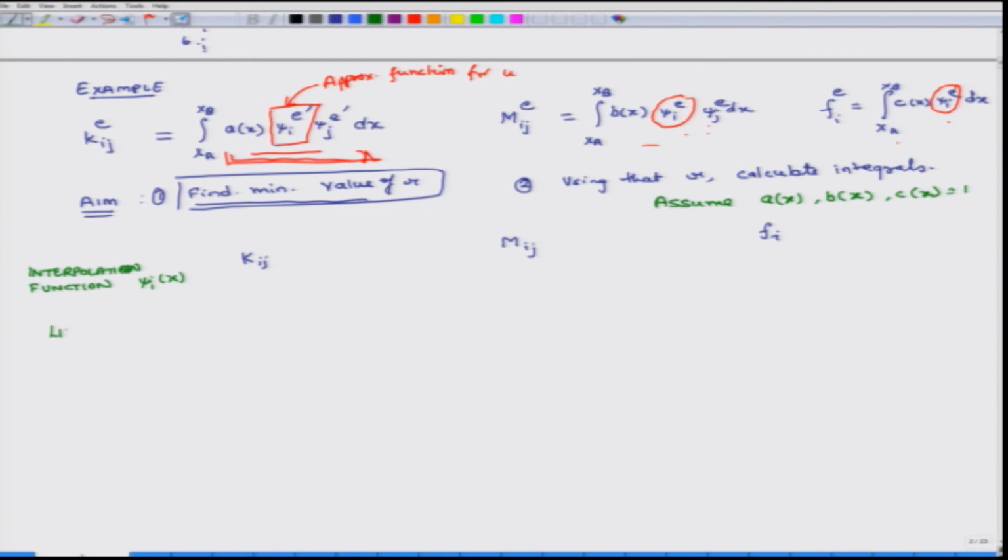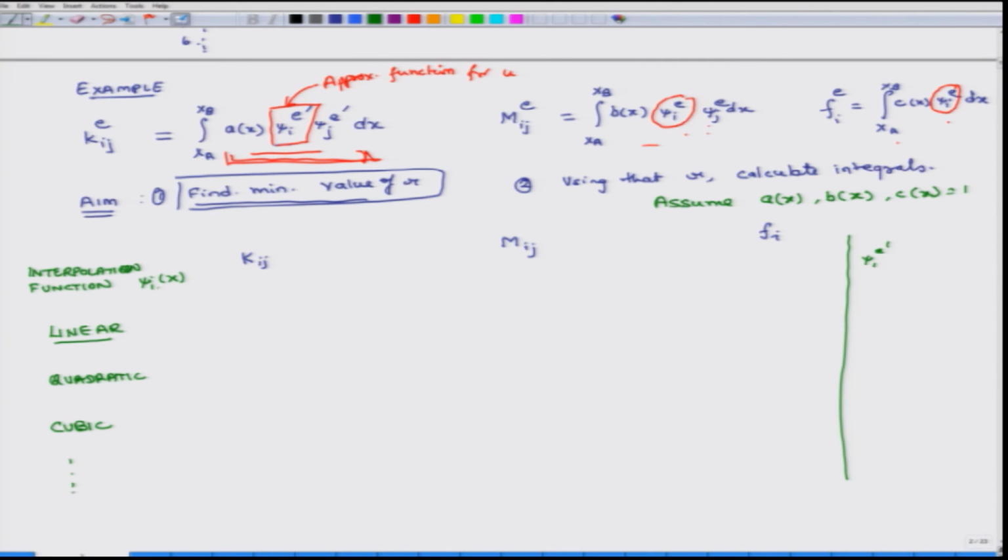could be linear, quadratic, cubic, and so on and so forth. So, if it is linear, then psi_i^e prime would be a constant.